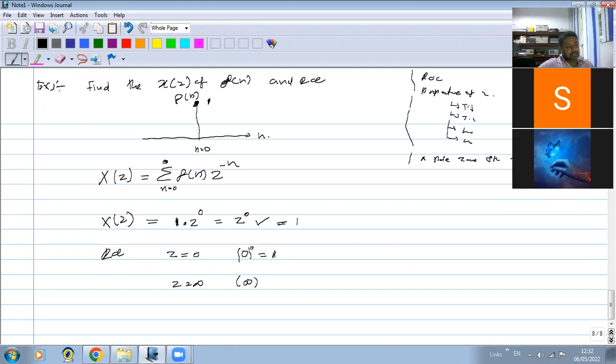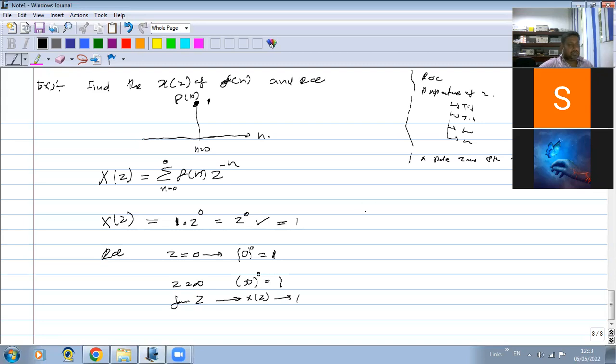It can be any very large value, but if you get the 0 power, it is again 1. So you can see that z is 0, this z naught will converge to 1, and if z is infinity, X(z) will converge to 1 again. And for any value of z, X(z) will converge to 1.